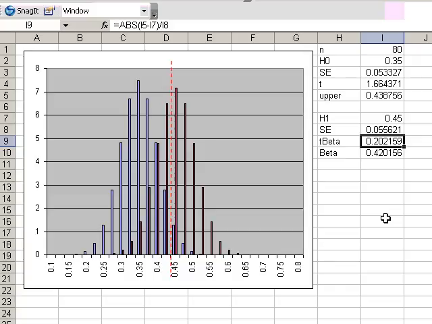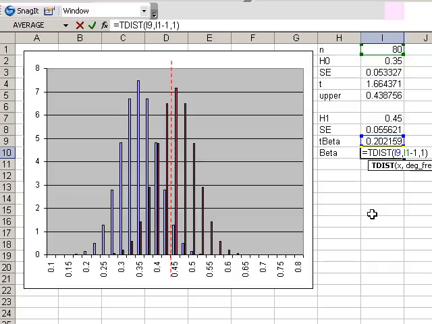Now, in order to determine what proportion of the distribution around a true proportion of 0.45 is below 0.2 t units, we must use the t-dist function with 0.2 as x, degrees of freedom being again 79, and one tail because we're interested only in one side of the distribution.